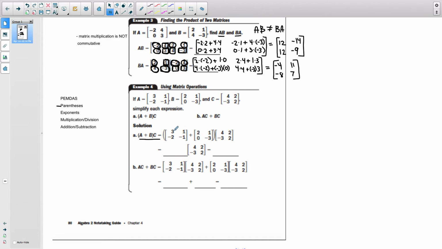Okay, so I'm going to do 3 plus 2. Because remember, you add the entries that are corresponding. So the entries that are in the same exact spot on both matrices. So 3 and 2 are both entry 1, 1. So I'm going to add those two together. So 3 plus 2 will give me 5.